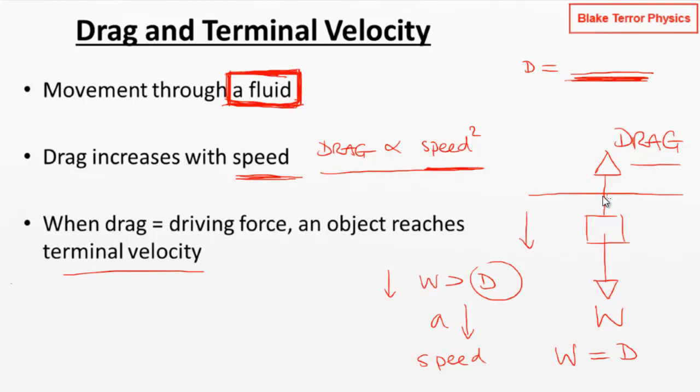Something that sometimes people get confused with is the idea that they think, oh yeah, we've got an upwards acceleration. Well, we don't have an upwards acceleration. The acceleration is always downwards or zero. And this acceleration downwards in this particular scenario is just decreasing until eventually it reaches zero.